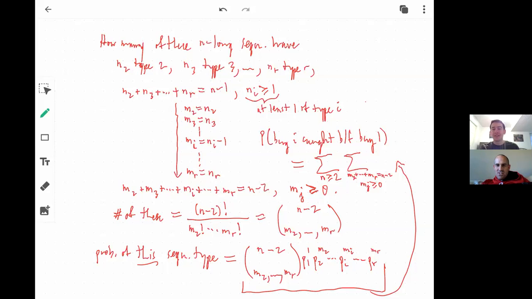I think there's actually a formula for the multinomial coefficient, or the multinomial distribution, in the text somewhere, but I don't remember what chapter that was.